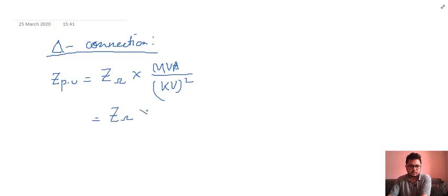So Z ohm. As we calculate for single phase, what I did is MVA divided by 3, and in delta connection line voltage is equal to phase voltage, isn't it? V line equal to V phase.